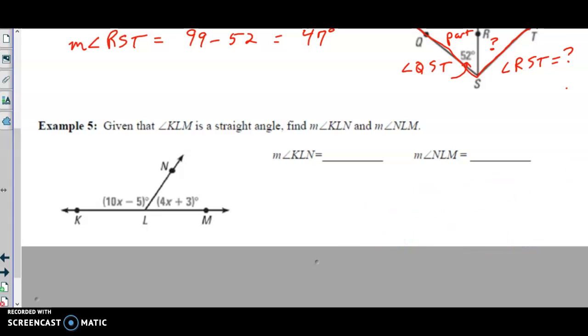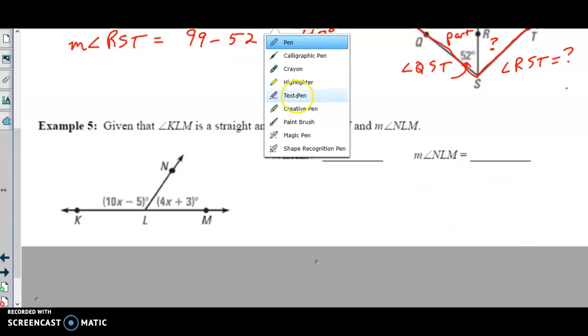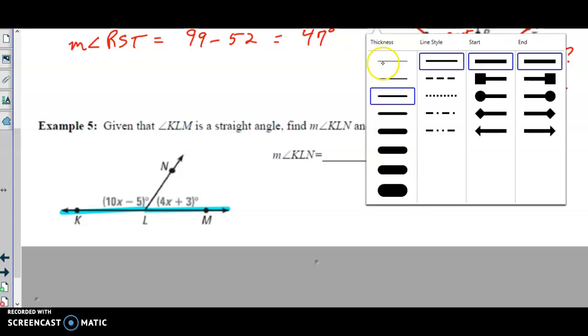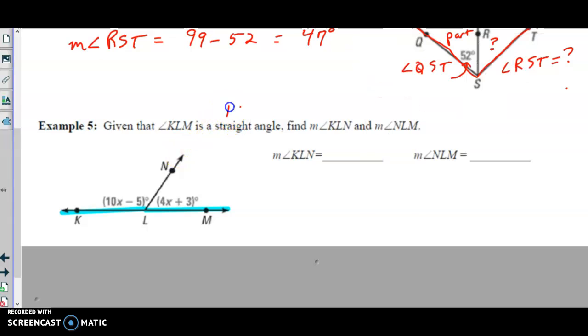Let's identify where that is. Use a highlighter. So L is the vertex. KLM is actually that entire straight line. And on the previous page, we talked about how the measure of a straight angle is 180 degrees.